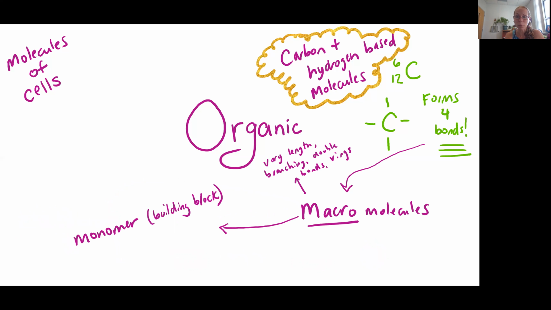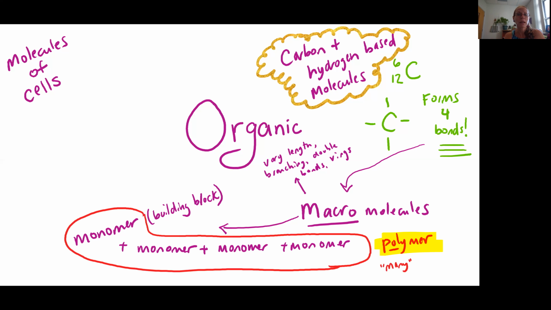As we look at our macromolecules, we'll see that each of them will have what we can describe as a building block, and our fancy term for this is a monomer. Mono means one, so a monomer is the basic building block. If you were thinking about Legos, each Lego brick would be a monomer, and as you put those Lego bricks together for your construction, in the case of our chemistry, you're building what's called a polymer.